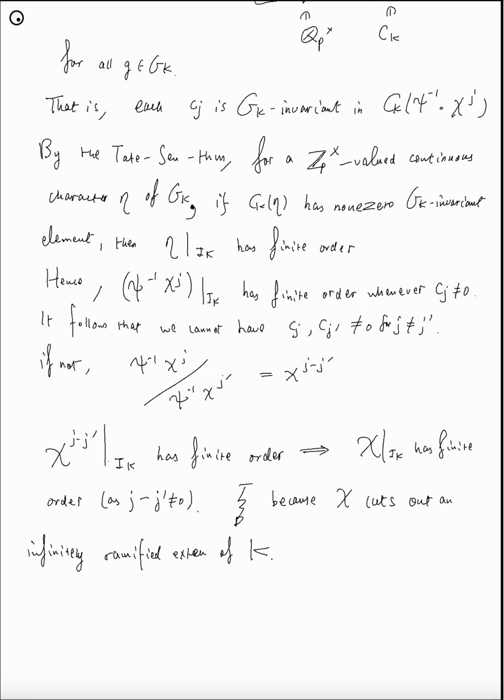As a result, there is at most one j such that Cj is non-zero.